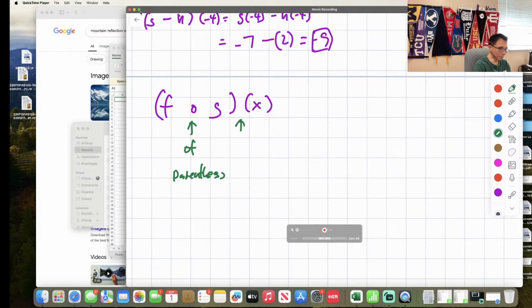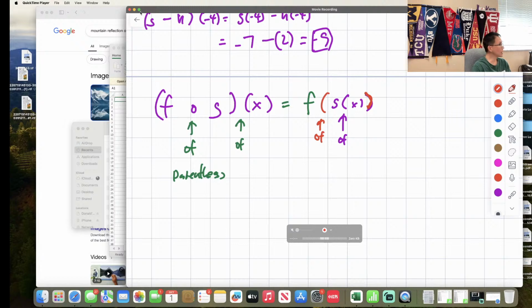And this parenthesis is also known as of. So in this case, this represents f of g of x.